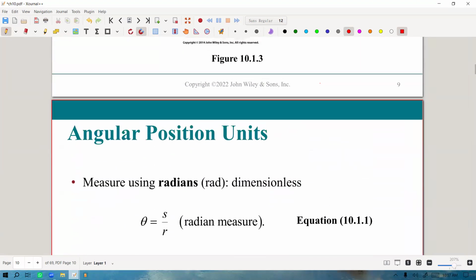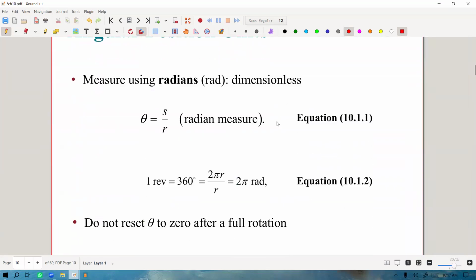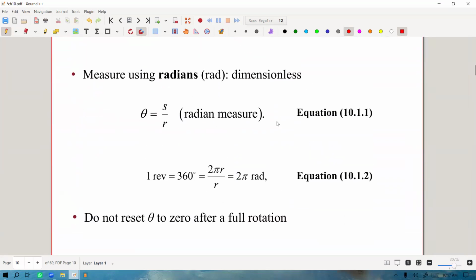So usually we measure in degrees or in radians. Remember that one revolution or one rotation is equal to 360 degrees, which is equal to 2 pi radians. So 2 pi radians means one revolution or one rotation. So imagine that we have a particle.